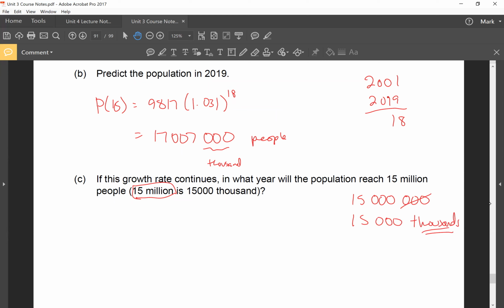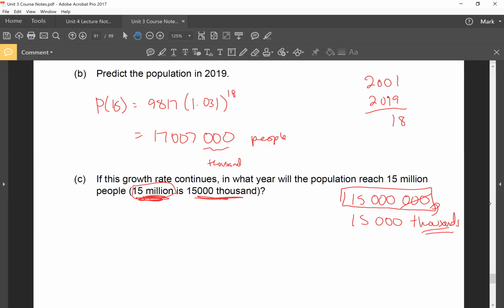The word thousands replaces those zeros. I don't think the question on your final really gets you to worry about that. No, it doesn't. On your final, you just use the actual number. You don't have to worry about this conversion.